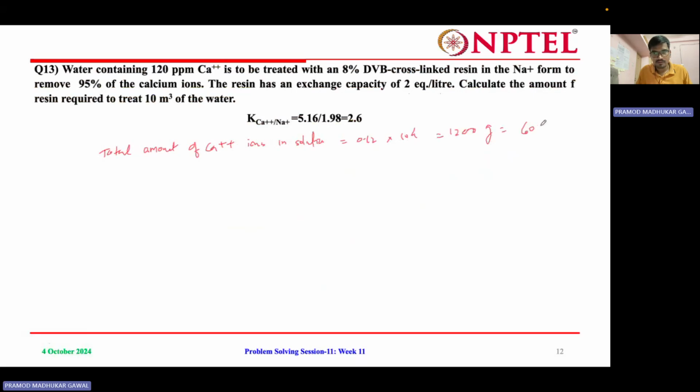That is 60 gram equivalent of Ca2+, right? So the ions removed, 60 gram equivalent Ca removed, 60 times 0.95, that's 57 gram equivalent.